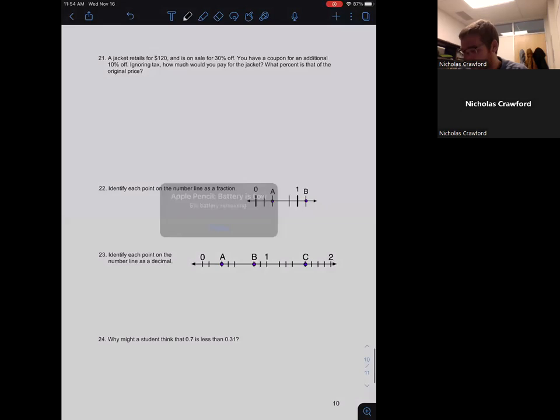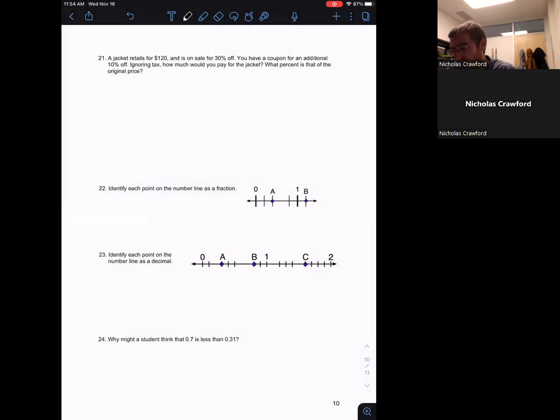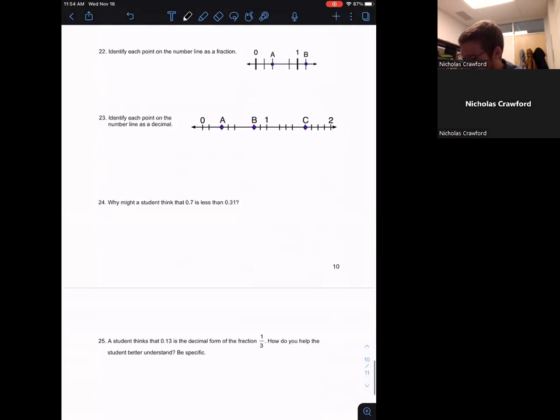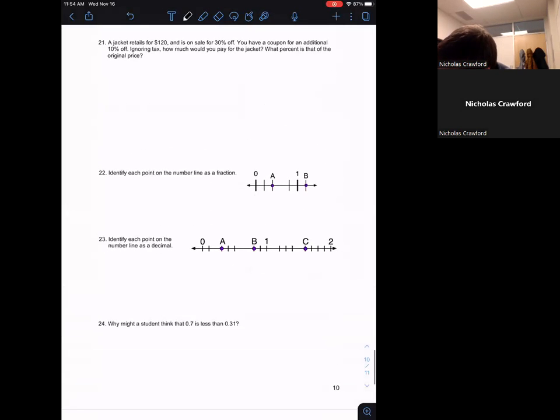The other ones, let's try this one. Let's try 22. It says identify each point on the number line as a fraction. So first off, I have to see, okay, how many little dashes do I have in between here, right? So I have 1, 2, 3.